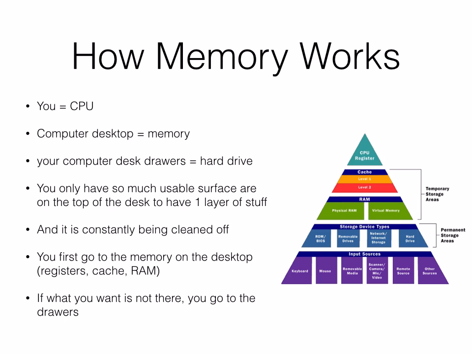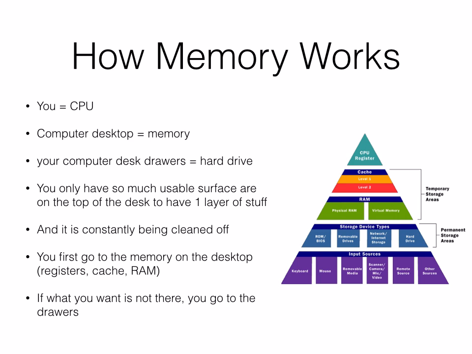Then you also have your computer desktop as the memory, and your computer desk drawers as the hard drive. Let's say you have one layer of stuff. You're only allowed to have one layer of stuff on this physical desktop. Let's say, for example, you have a bunch of index cards, and you're not allowed to have any overlapping index cards.